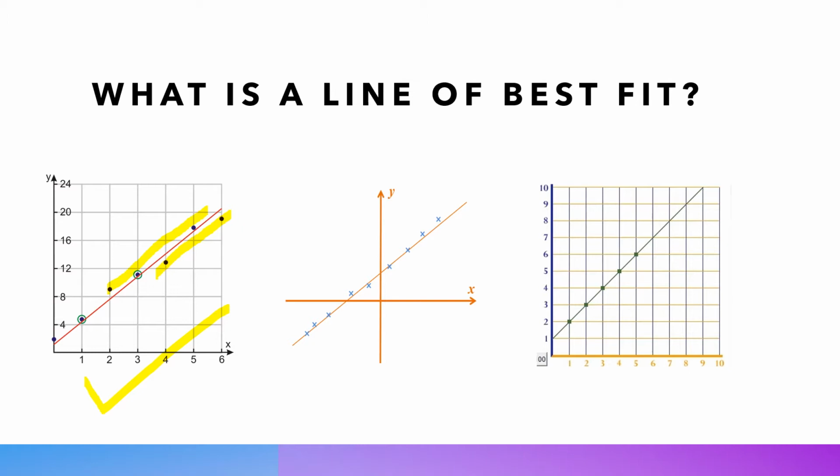For the second graph, is it a line of best fit or not? Let's count the points above the line: 1, 2, 3, and 4. Below the line, only 1. So it is not a line of best fit. The third one is clearly a line of best fit because all the points lie on the line.